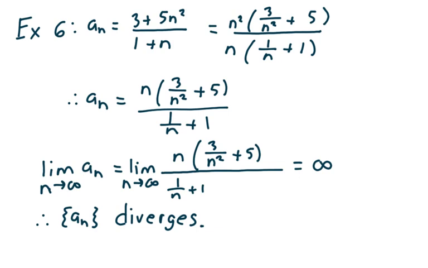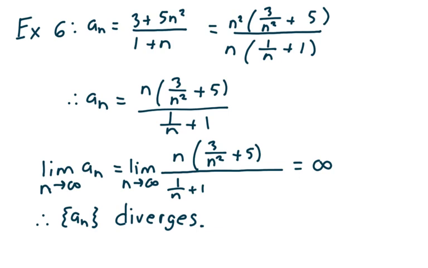And so a sub n ends up being n times (3 over n squared plus 5) divided by (1 over n plus 1). Notice n can't be 0. So the limit as n goes to infinity of a sub n is equal to the limit as n goes to infinity of n times (3 over n squared plus 5) divided by (1 over n plus 1).